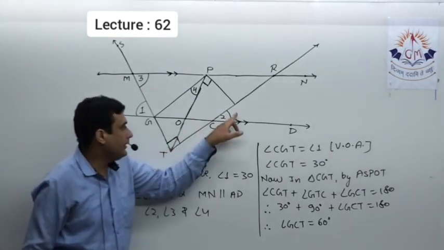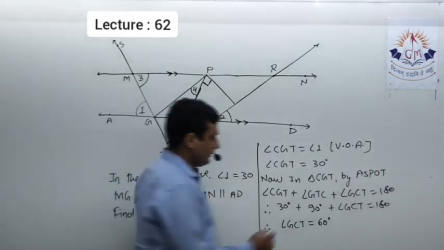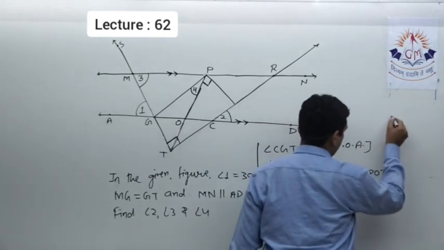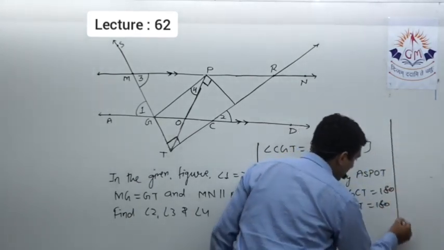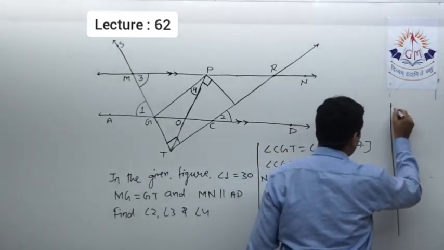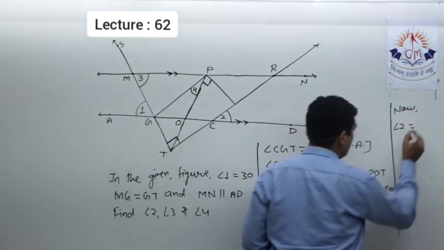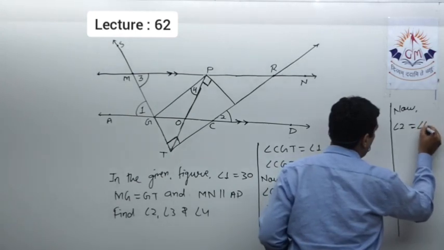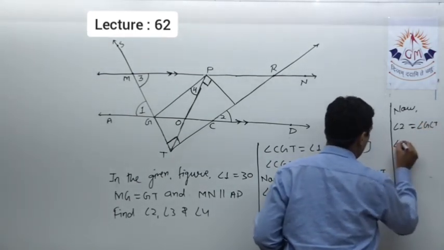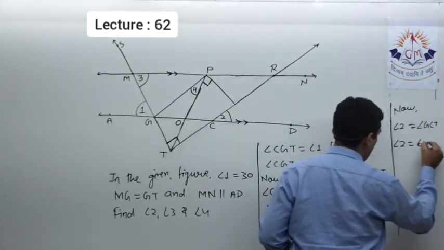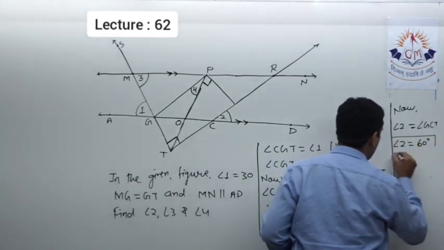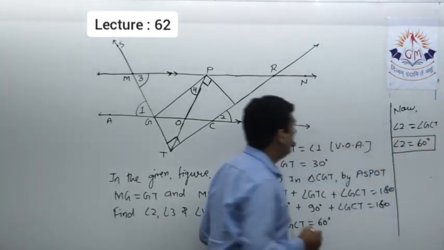As this is 60 degrees, angle 2 is also 60 degrees. So here I am writing that. Now I can say angle 2 is equal to angle GCT, therefore angle 2 is equal to 60 degrees. So here I got the very first angle, that is angle 2.